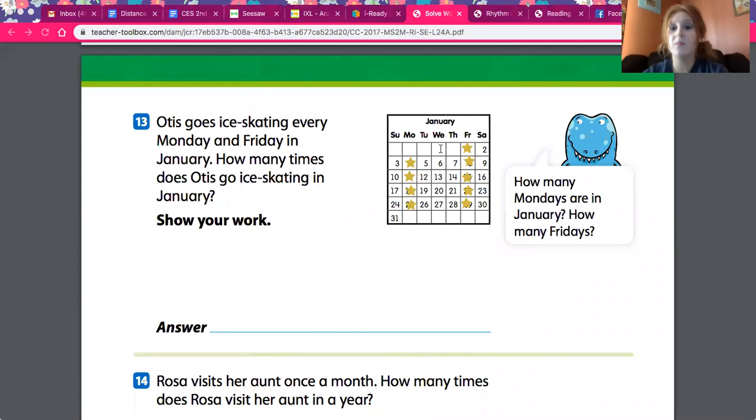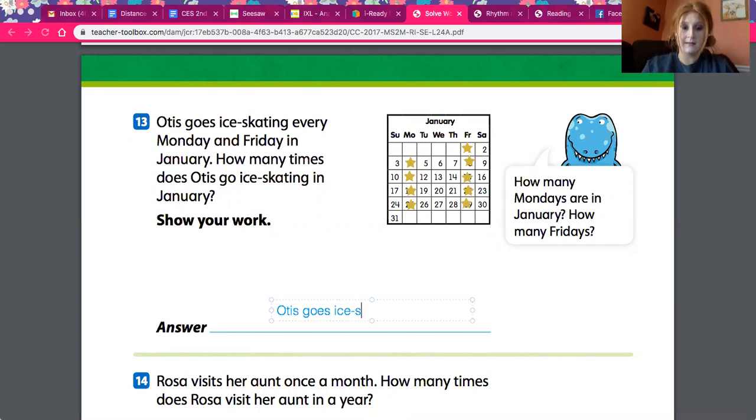Let's count up where I put stars. 1, 2, 3, 4, 5, 6, 7, 8, 9. So Otis goes ice skating 9 times in January.